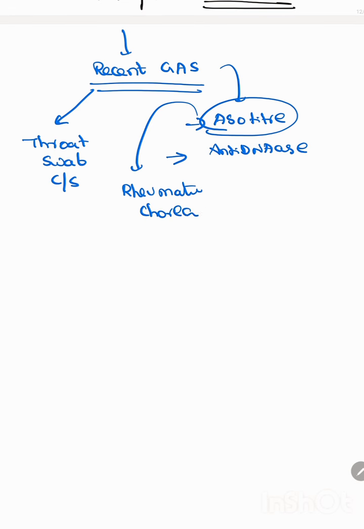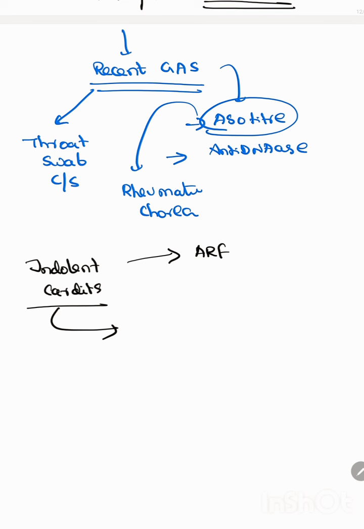There is another peculiar type of carditis called indolent carditis. Indolent carditis is an intermediate stage. There will be features of carditis without elevated acute phase reactants fitting into acute rheumatic fever, and the valve damage will not be severe enough to call it established rheumatic heart disease.